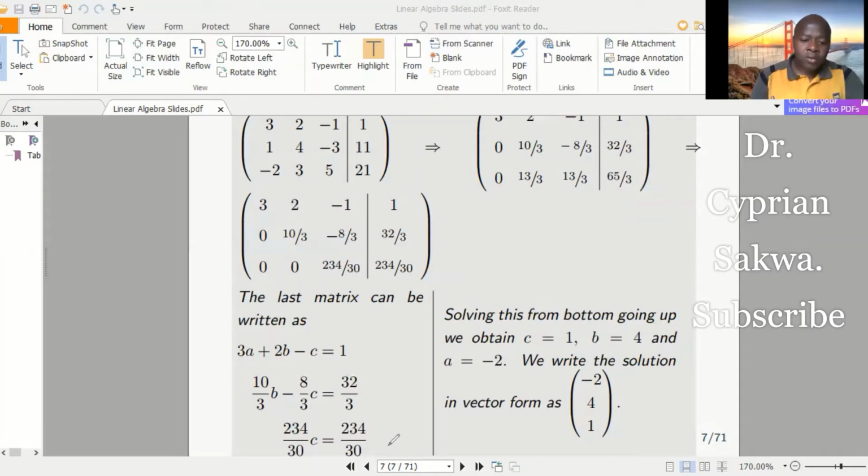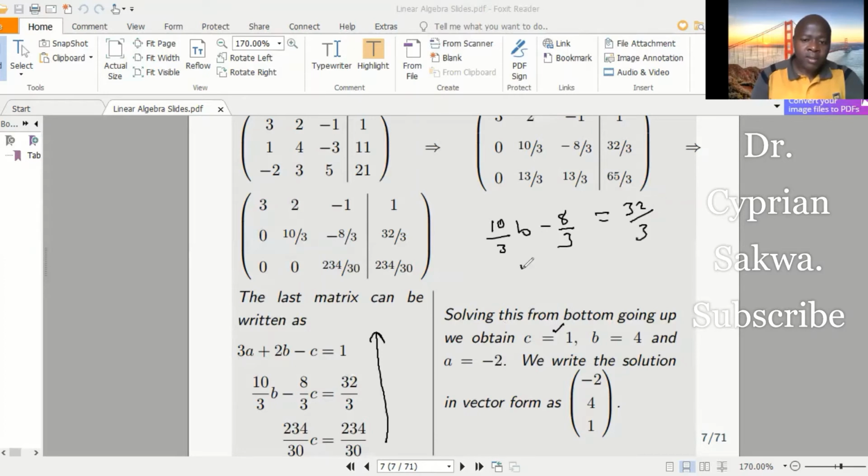So now we solve from this bottom part going up. Multiplying both sides by the reciprocal of 234 over 30 gives me C to be 1. Then I move to this other equation and substitute 1 wherever is C. What I would have would be 10 over 3B minus 8 over 3 equals 32 over 3.